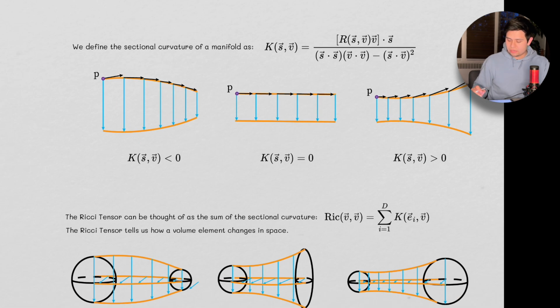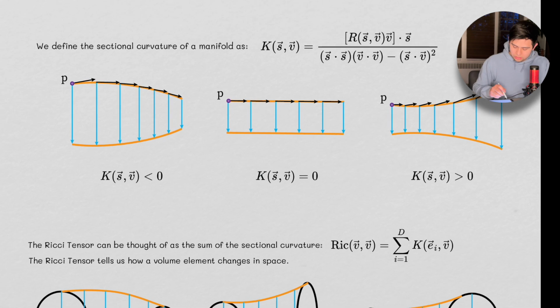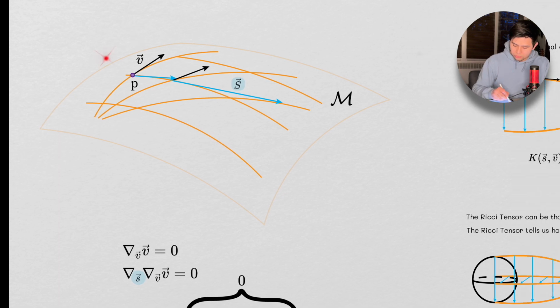So we have these three conditions where the sectional curvature can be either less than 0, equal to, or greater than 0. And in each case, they tell us what's happening to a certain plane on the manifold, right? So again, this manifold can be multi-dimensional.